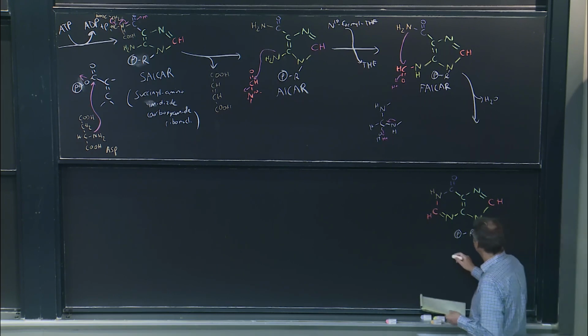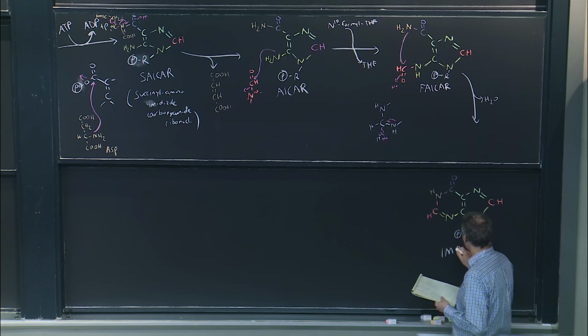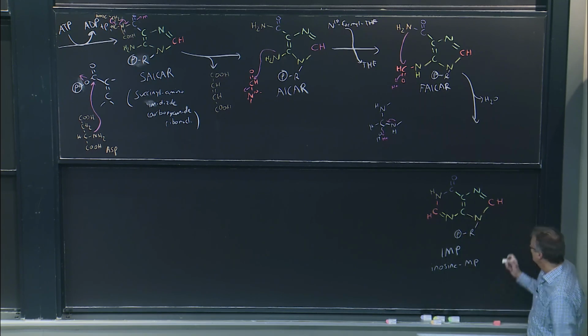And so this is the purine IMP, for inosine monophosphate, and inosine monophosphate is the precursor for all purines.